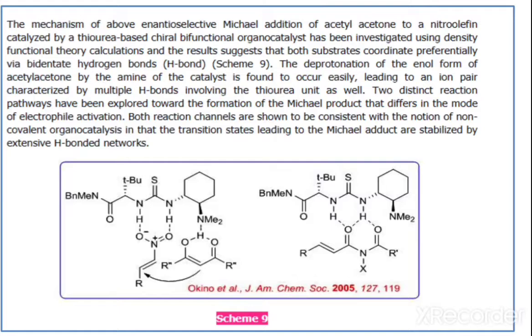Now the mechanism of the above enantioselective Michael addition of acetylacetone to nitroolefin catalyzed by thiourea based chiral bifunctional organocatalyst has been investigated using density functional theory calculation, and results suggest that both the substrates coordinate preferentially.